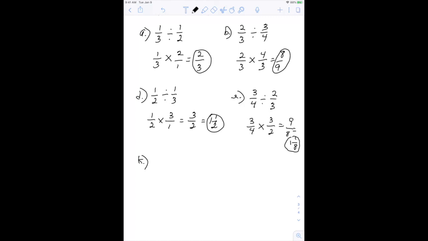How much of 3/4 is in 1/3? So that would mean 1/3 divided by 3/4. So with our little rule, we keep it, change it, and flip it. We get 4/9.